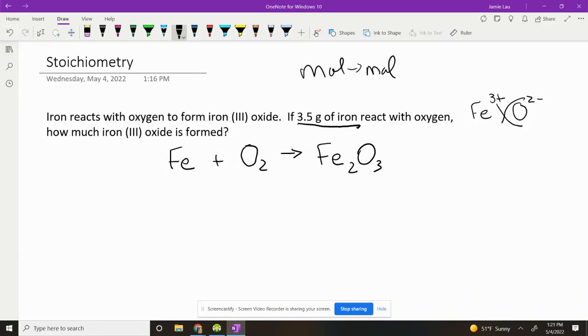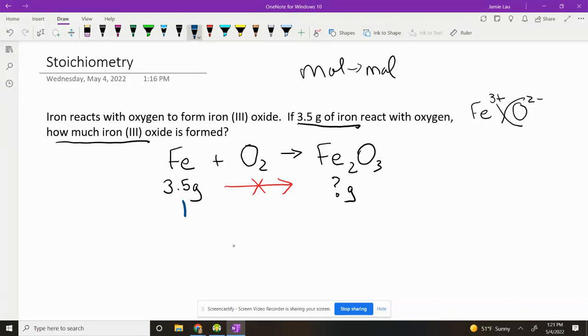If 3.5 grams of iron react with oxygen, how much iron oxide is formed? Remember, we cannot directly go from grams to grams. That conversion doesn't work. So we're going to need to do this in 3 steps.